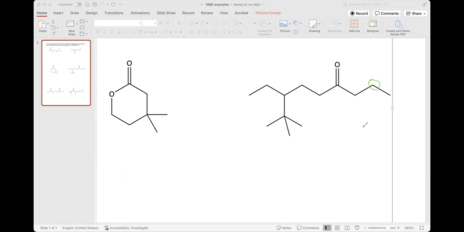The reason we said multiplet as opposed to giving an actual number is because there are 2 different types of neighboring hydrogens, right? We've got the ones here that I'm going to put the square around, and then we've got the one here that I'm going to put a triangle on. Obviously my square hydrogens and my triangle hydrogens are not identical. Anytime a proton NMR signal is being split by 2 different types of hydrogens, the splitting is often complicated. Sometimes it just looks like a blob, like there's just a whole bunch of splitting.